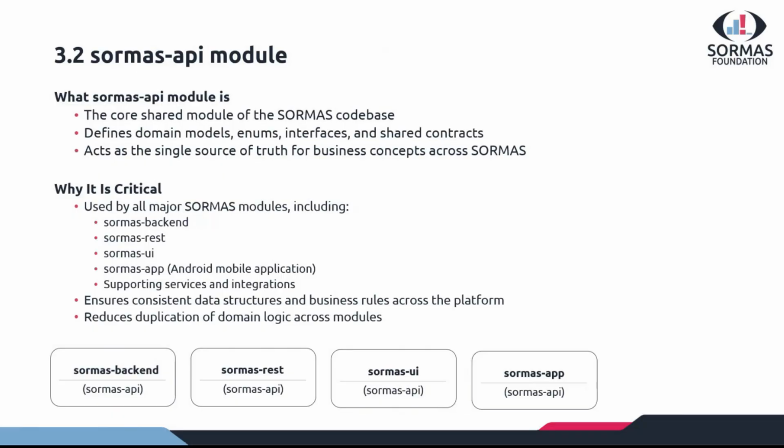So anytime you build SORMAS, these different modules are built into their different archives. Each of these archives has its own copy of the SORMAS API jar file. This is very important because understanding this can save you a lot of issues.